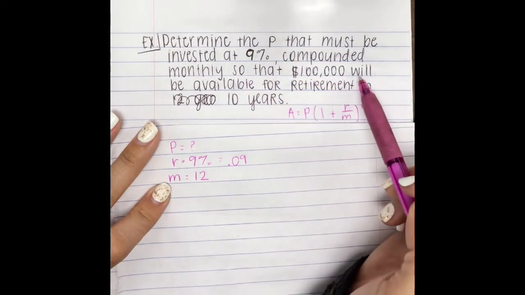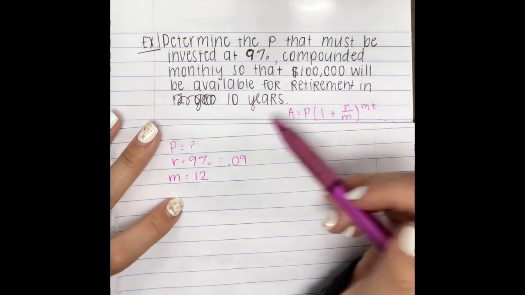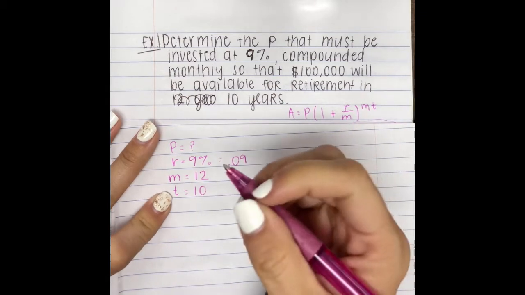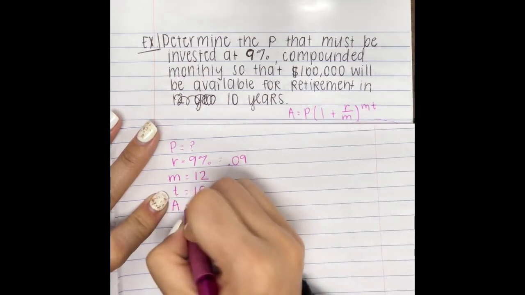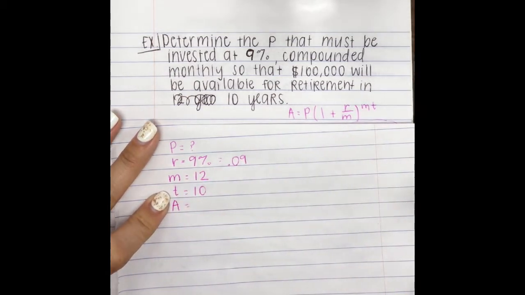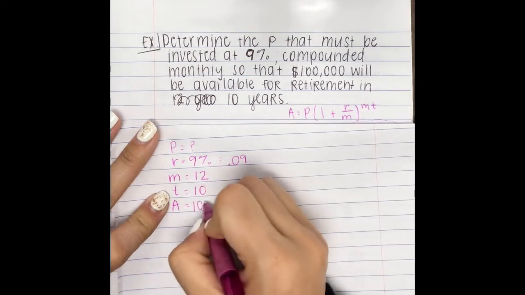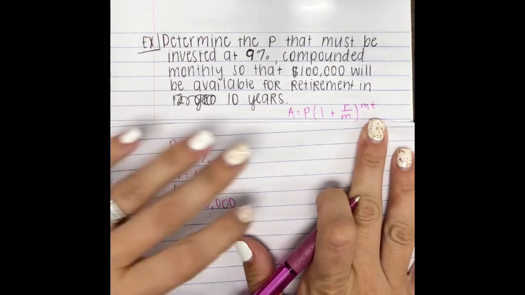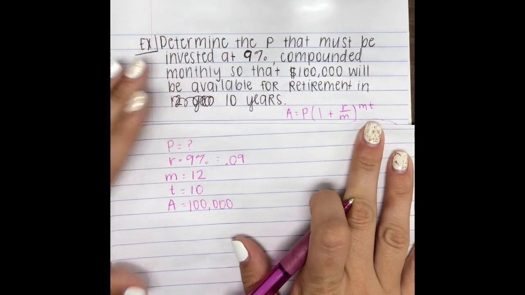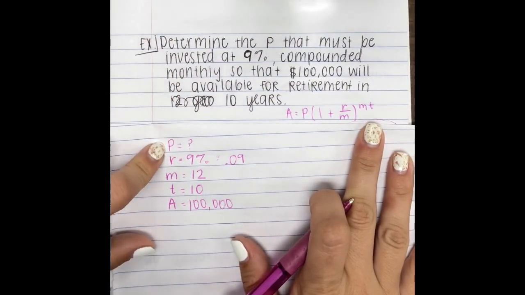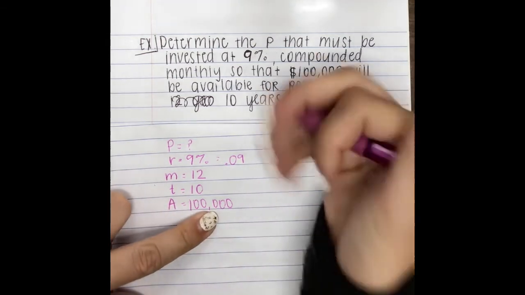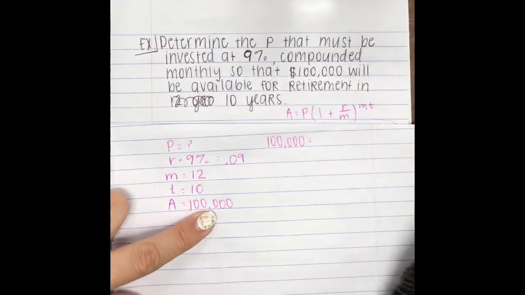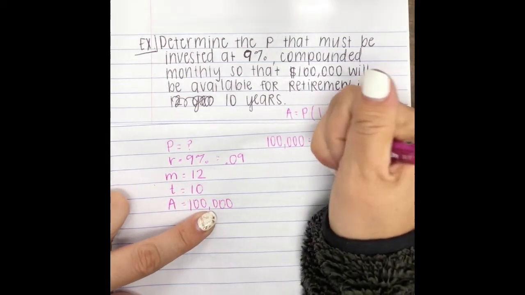Compounded monthly so that $100,000 will be available for retirement in 10 years. So our T is 10 years, and then our A, the amount that we want to end up with in our account, is 100,000. Okay, so we're gonna plug into our formula. Once again, I don't know my P, but my A I actually know this time. We want to end up with $100,000 in our bank account after 10 years.